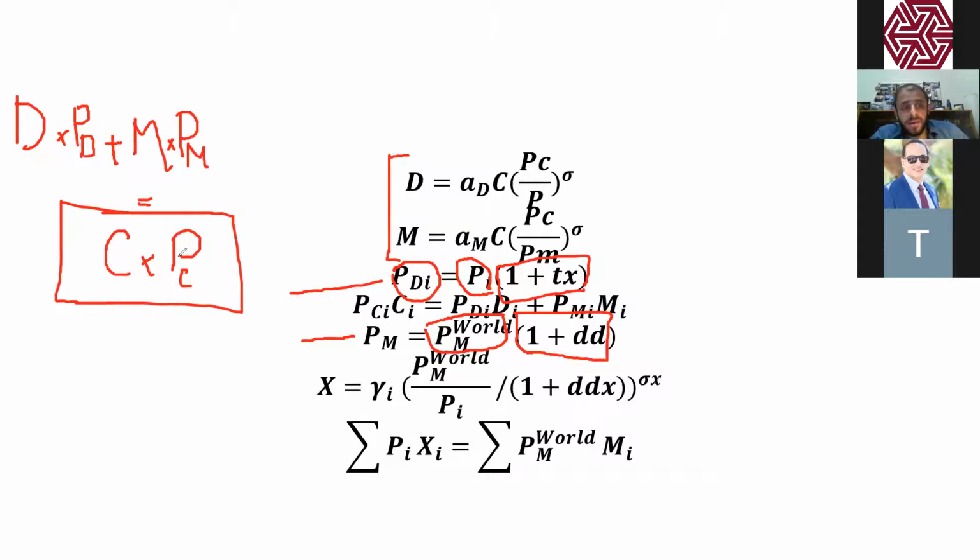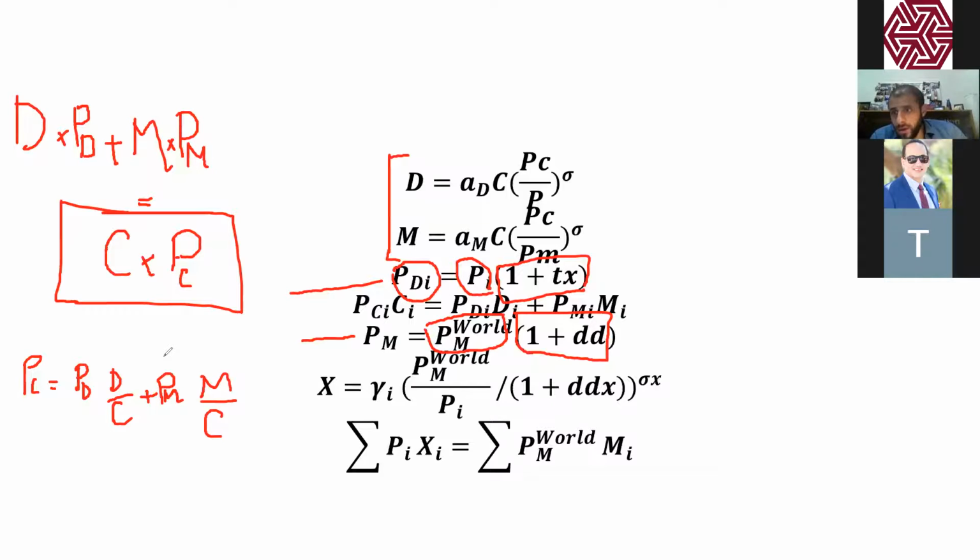I can write it this way just to show you what I mean. So here we have what I did. I divided the two sides by C. C represents my total consumption, D represents the share of my domestic goods in total consumption, and M the share of imported goods in my total consumption.